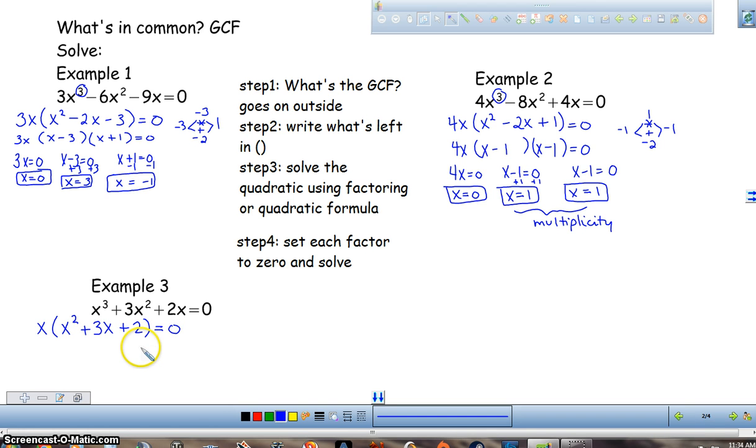Take each of those and set it to 0. I'm sorry, first we got to factor this quadratic. So we need something that's going to multiply to 2 and add to be 3. It's like 2 times 1 gives me 2. 2 plus 1 gives me 3.